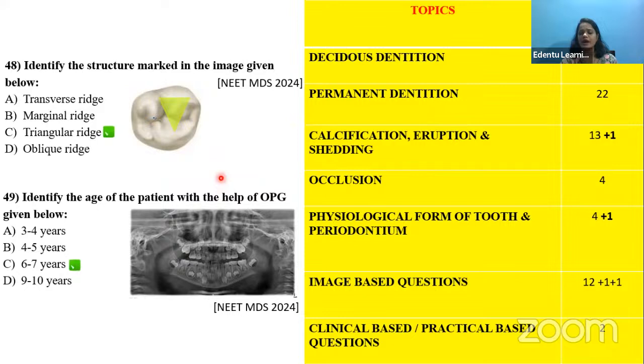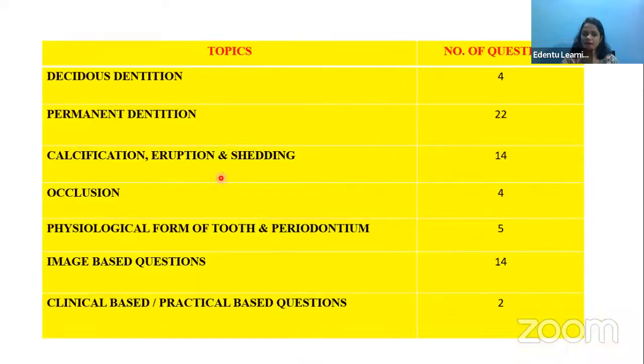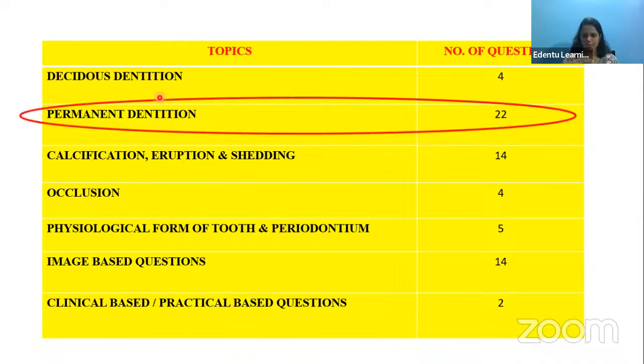So that's all we have. For the past years, 2017 till 2024, there were a total of 49 questions from the dental anatomy alone. Now, for this, we will see that the most questions were asked from the permanent dentition topic.